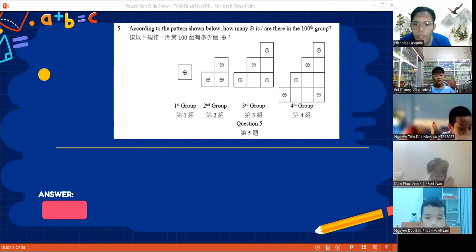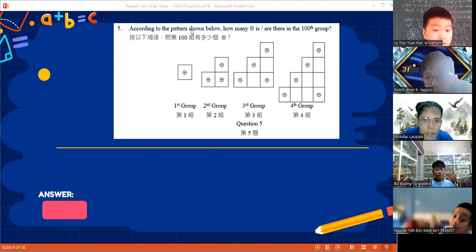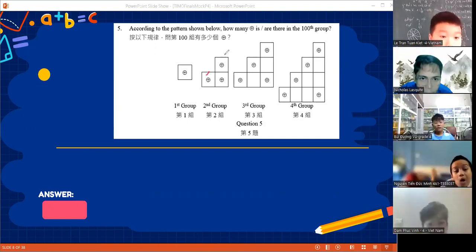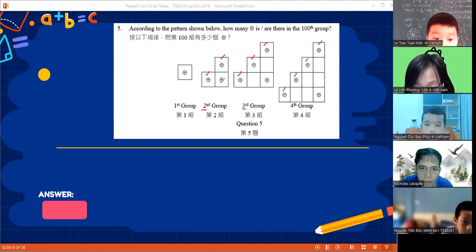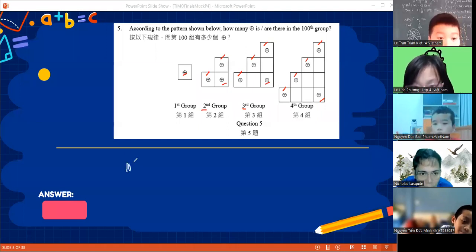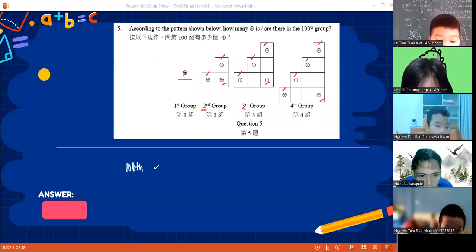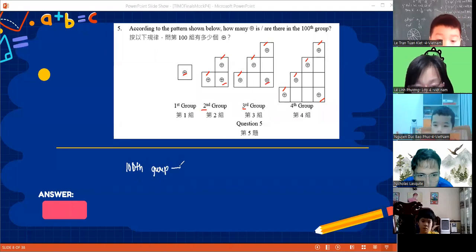Okay, so why is it 101? If you notice here on our second group, there is 1, 2, right? Third group, 1, 2, 3. Fourth group, 1, 2, 3, 4. So very easy. There's always 1 found here, right? 1, 1, 1, 1. So on your 100th group, there will be 100 and then plus 1 here.